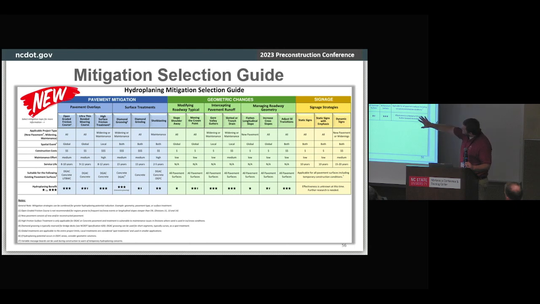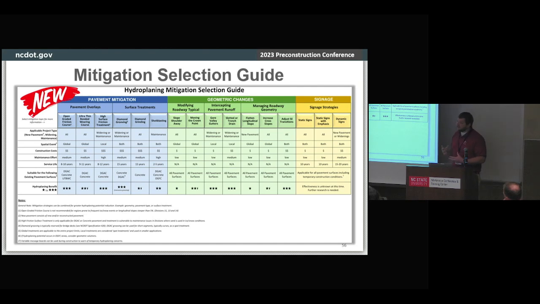So the first things to be looking at is your different pavement overlays, your open graded friction course, ultra thin, your high surface friction treatments, and then the next is your surface treatments, like diamond grooving, diamond grinding, and shot blasting. Now, each one of those buttons up there, if you click on those buttons, it will take you to a summary of that information.